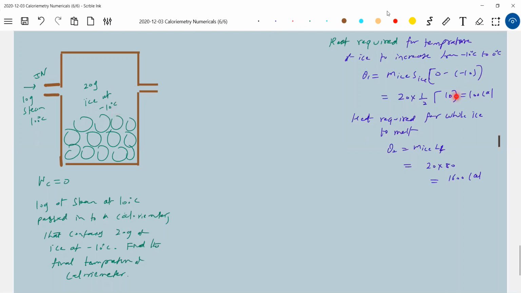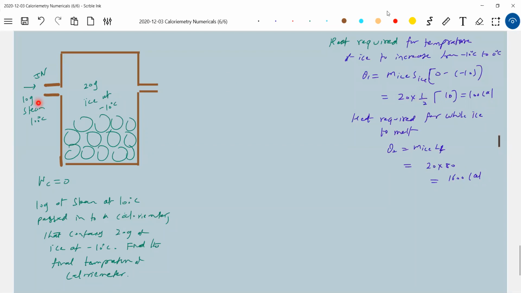So for it to become 100 degrees Celsius, 20 into specific heat into 100. So how much is needed? 2000. 20 into 100, 2000. So 2000 plus 1700, 3700 calories is what is needed to raise the temperature from 0 to 100.